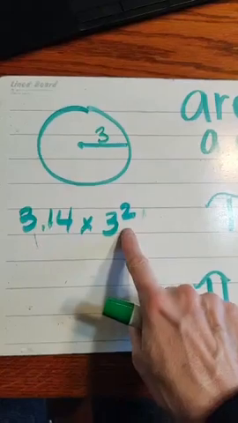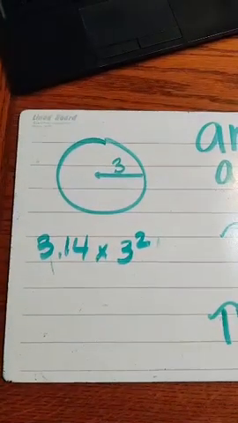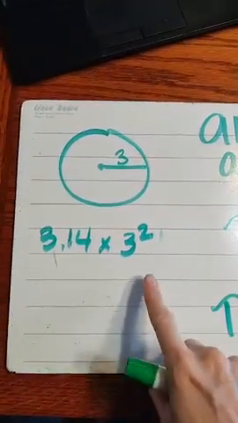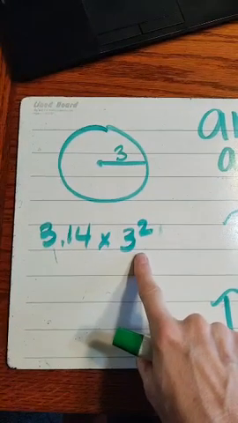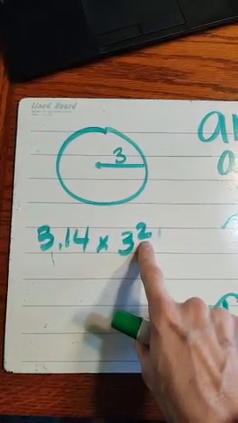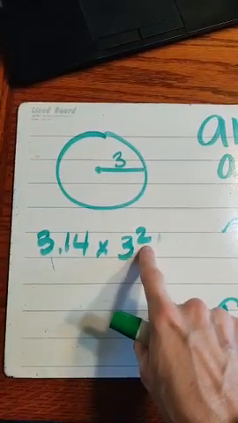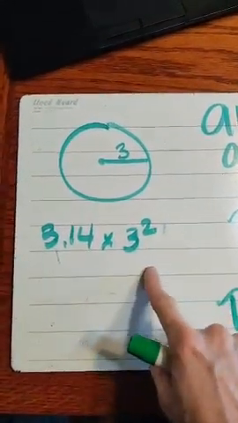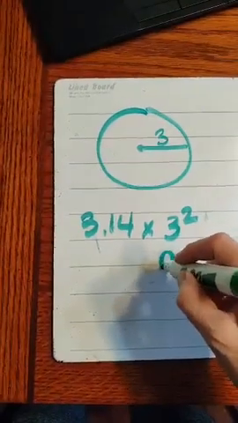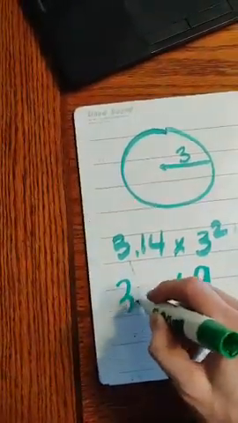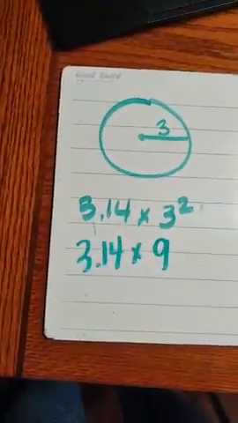What does it mean when we square a number? It means we take that number times itself that many times. So we take 3 times itself 2 times: 3 times 3, which is 9. So our new problem is 3.14 times 9.